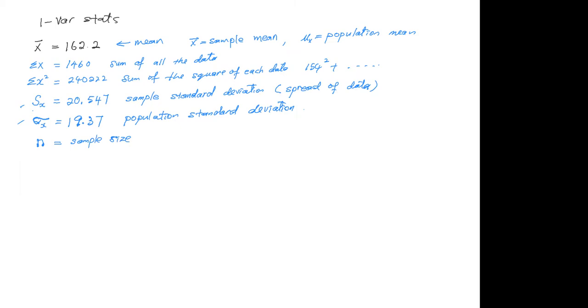If you go further down, you got the minimum value. Everyone should know what the minimum value is. That one I don't have to explain. Okay. Can anyone tell me what is the meaning of Q1? You learned this before.